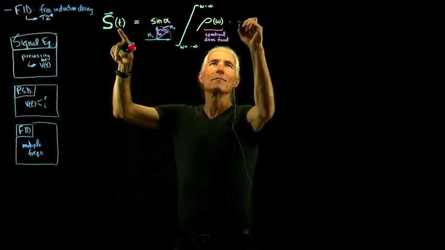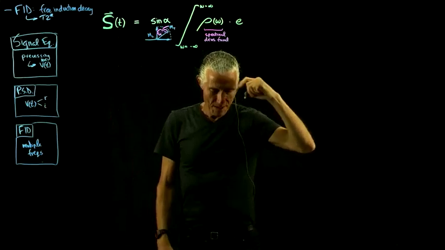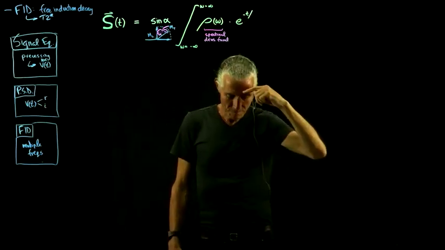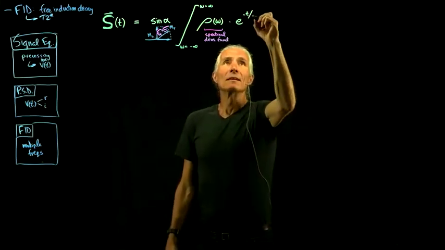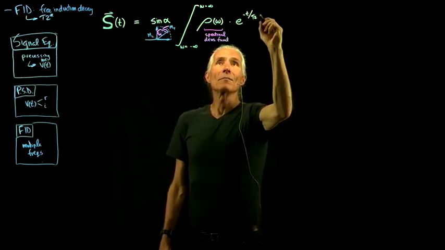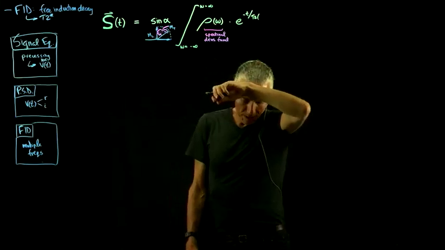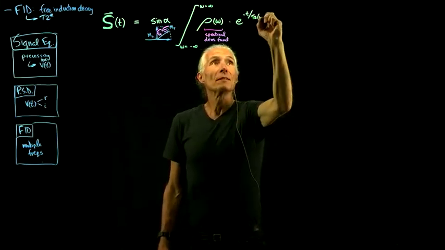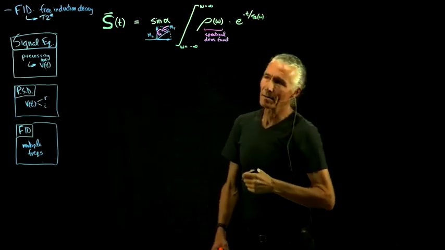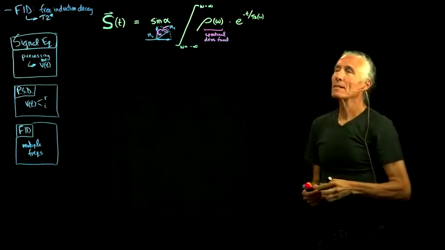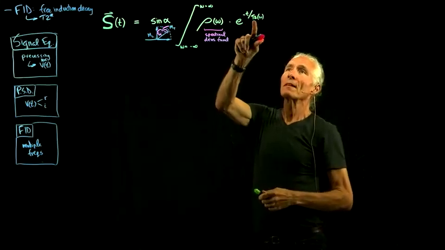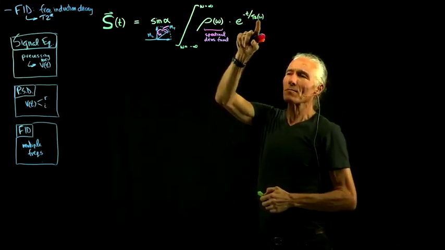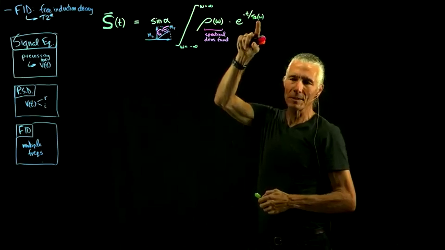And so then we have e to the minus t over T2, but that one is also going to be a function of frequency, because we're going to have different T2s for different frequencies.